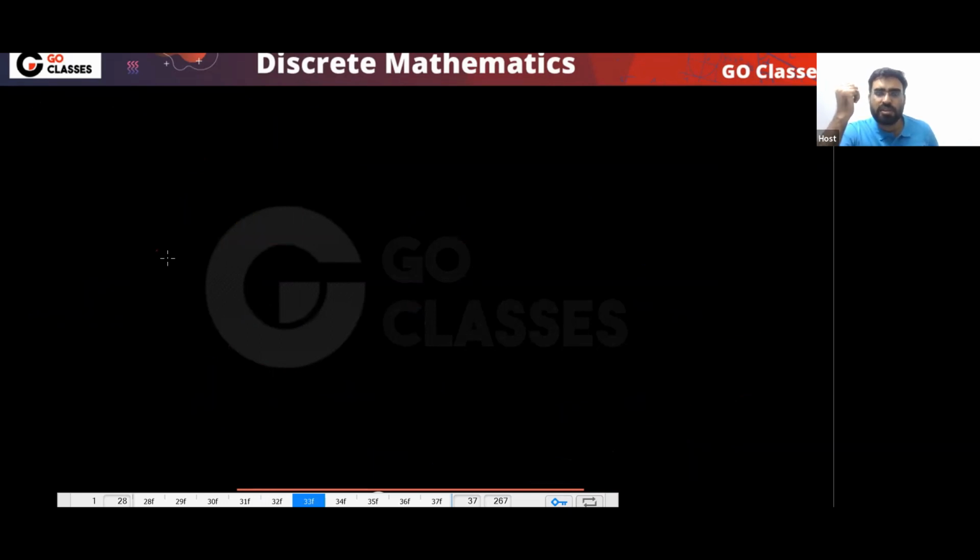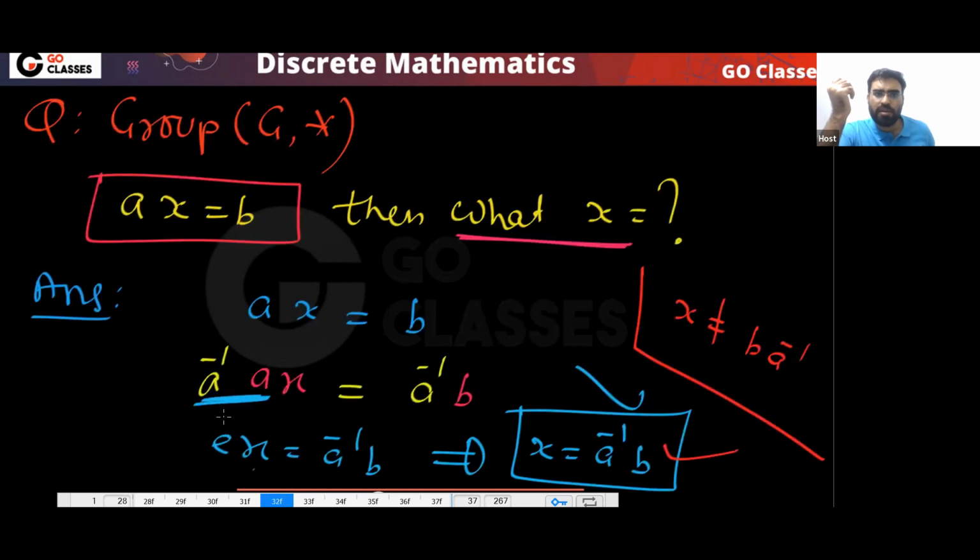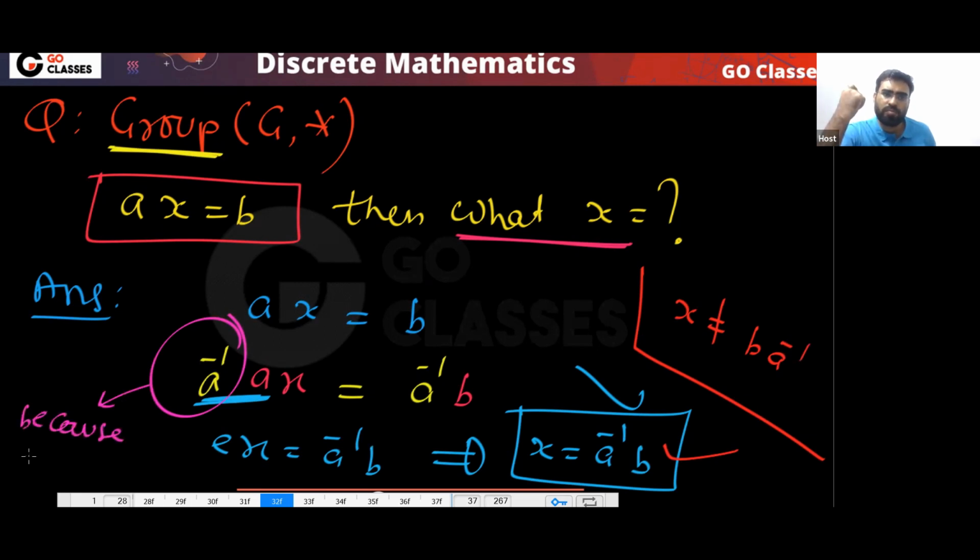Now one interesting question. Can I say this will be unique? So this is my question. I'm talking about a group because in a group you have the inverse property. We can use this because it is a group. This A inverse is there because of the group. So being a group is very important.